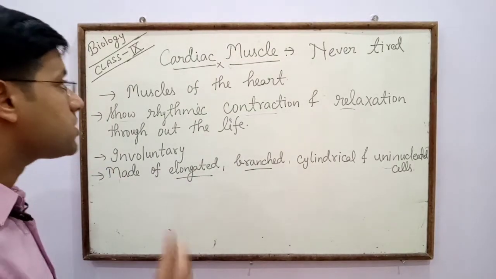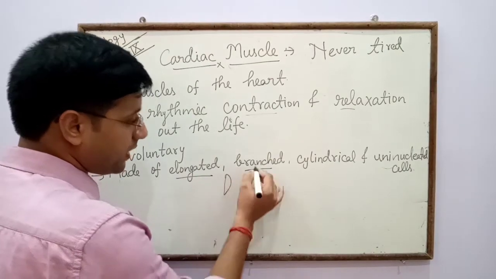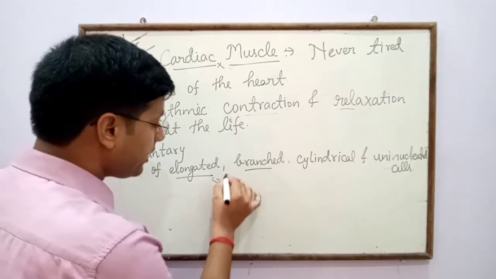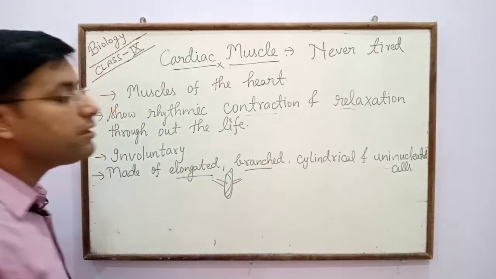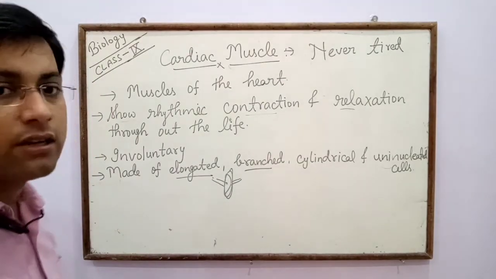Means the cells of cardiac muscle are elongated, branched and cylindrical and uninucleated, means a single nucleus is present in the cells of cardiac muscle.